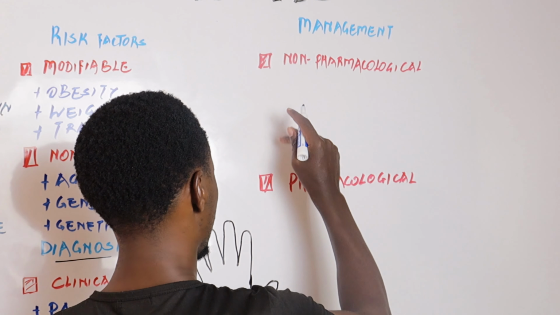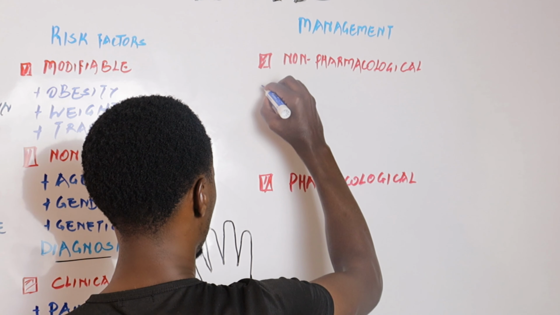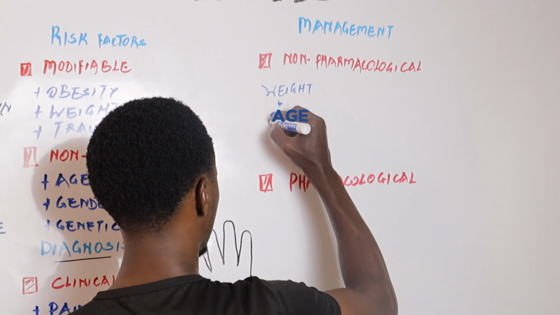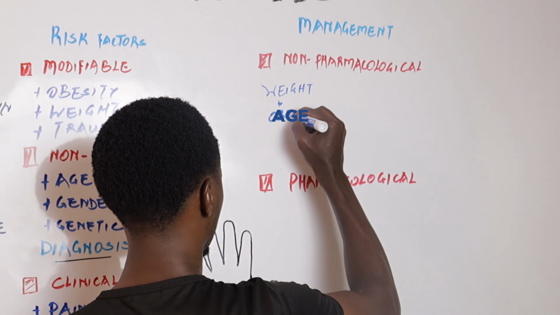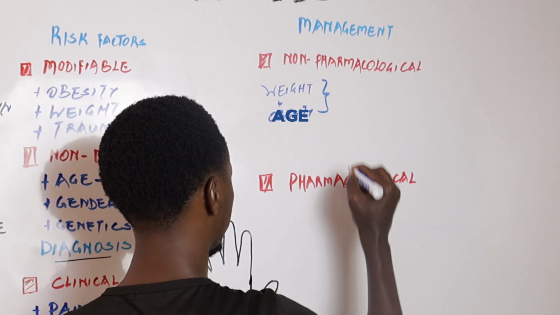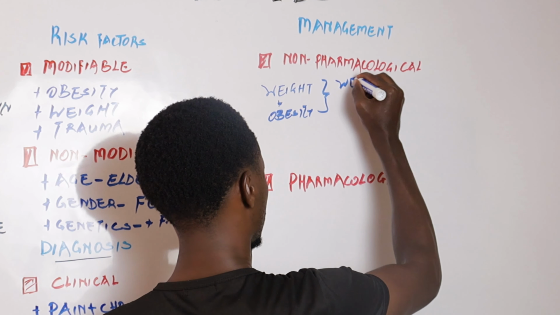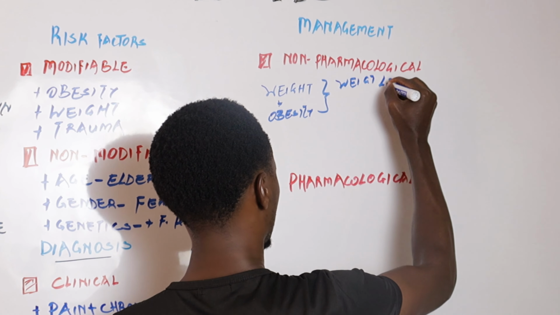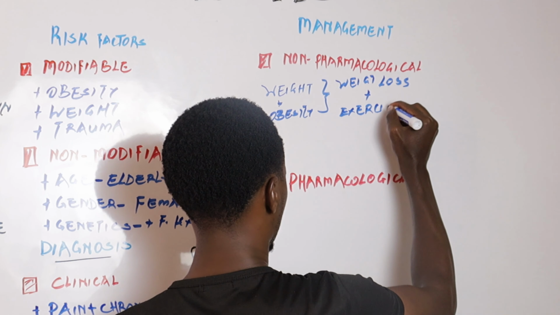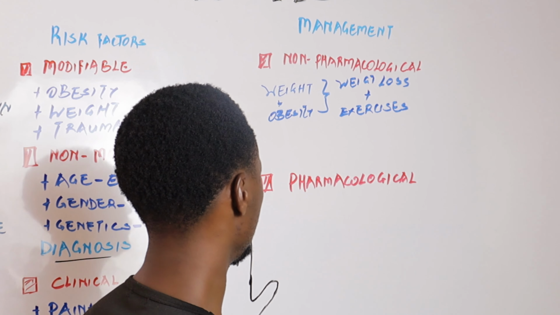Because we said that the main causes of osteoarthritis are weight plus obesity, it therefore means that for non-pharmacological treatment, weight loss plus exercises are key in managing this disease.